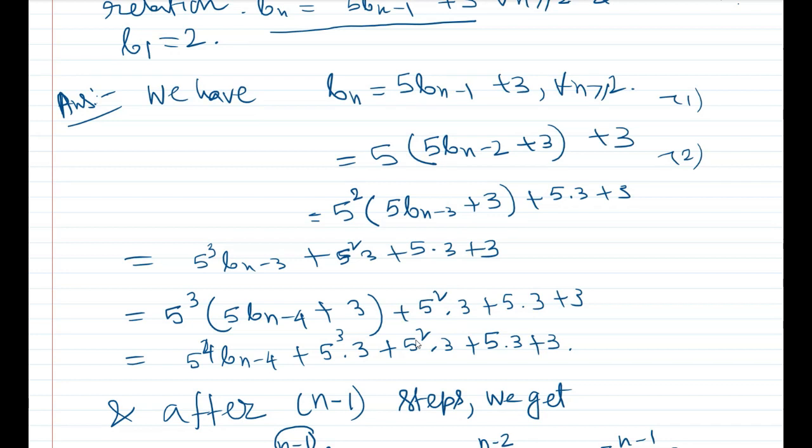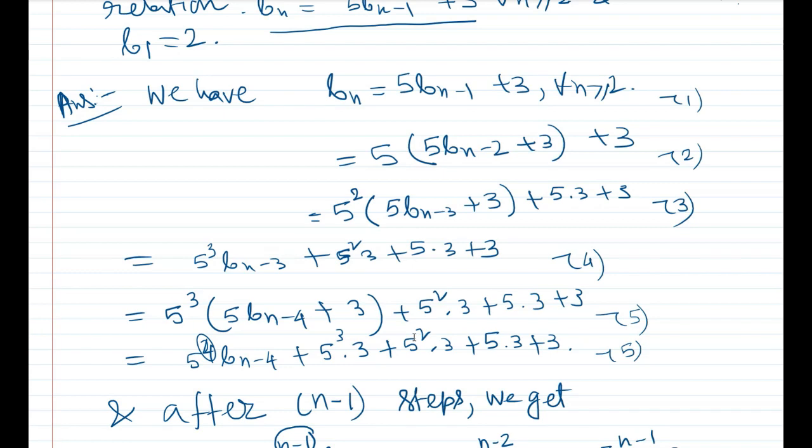In the third step we have 5 cube as the coefficient of bn minus 3. If we continue, this is our fourth step, and this is our fifth step, because these two steps are equal. So in the fifth step, the power is the number of steps minus 1.